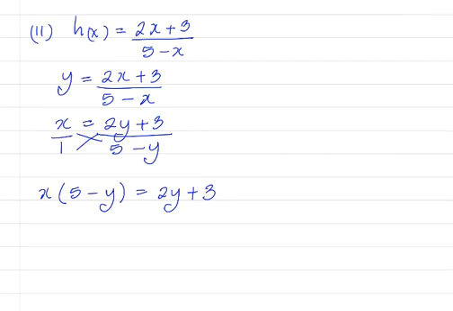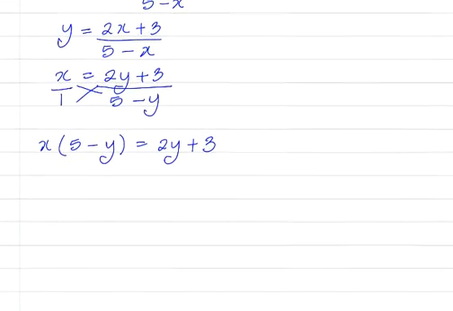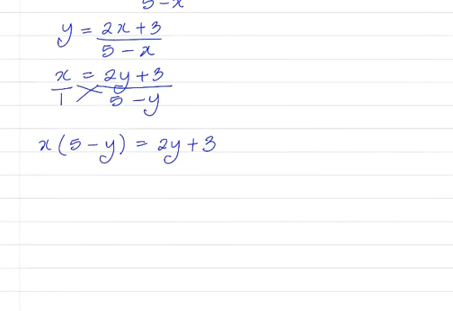Whenever you multiply something by 1, it remains the same. Next, I'm going to remove the brackets by applying the distributive law. I have 5x minus xy is equal to 2y plus 3.